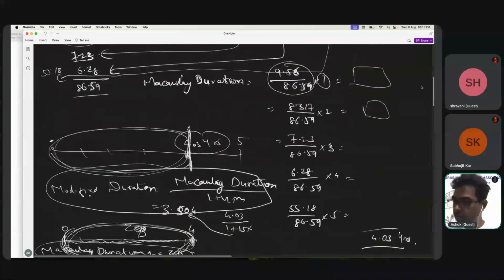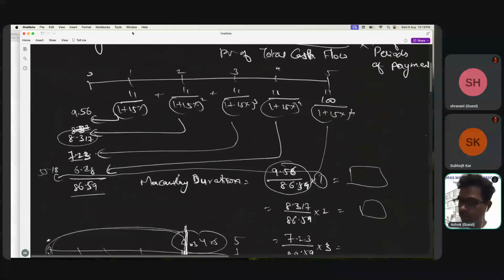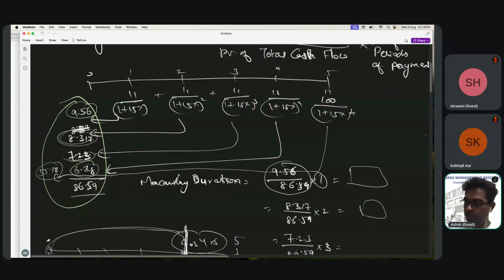Just note down all these amounts: first year, second year, third year, fourth year, fifth year. Done.